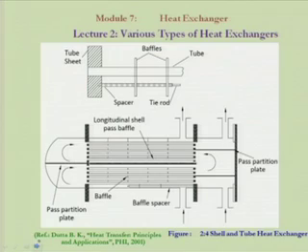Now, this figure gives us an idea about the passes. On this side there are two tube side passes and on this side there is only one tube side pass, whereas here we have one shell side pass.